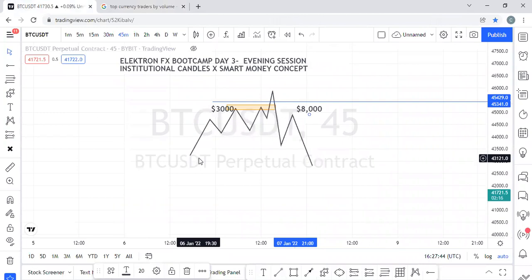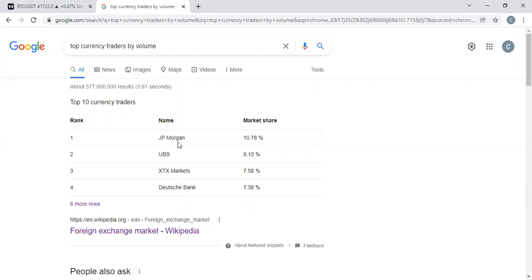All right. So what they do is that they move their market against other traders, because whenever you're trading, your goal is to make money, and you can't make money without taking money from other traders. So these banks or this institution, since they have the money, imagine owning 10% of the whole market, meaning that if the whole forex market is about $1 billion, they have about $100 million.